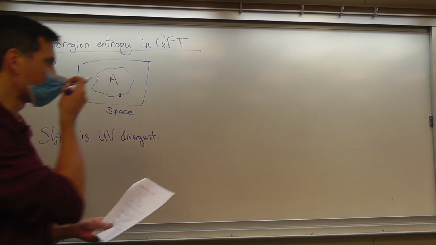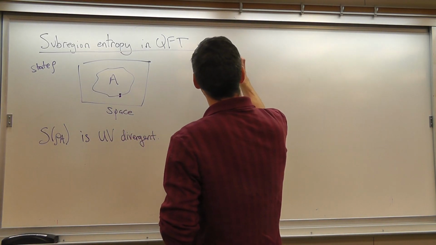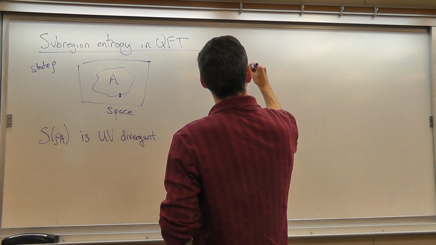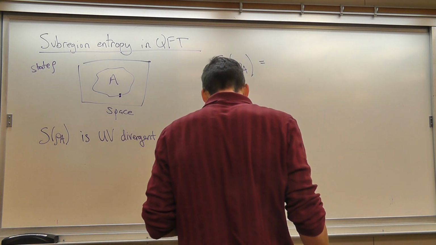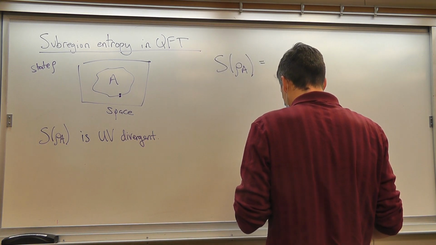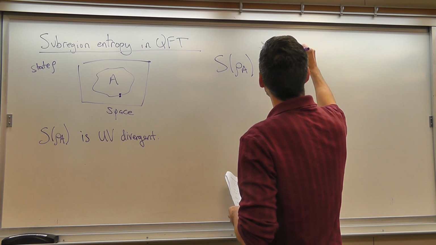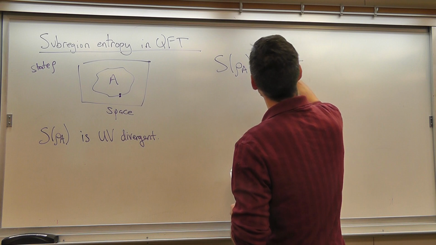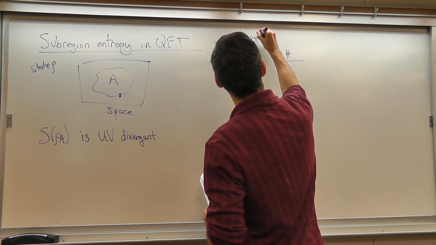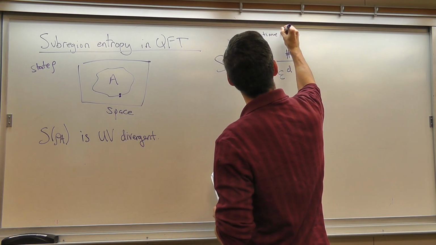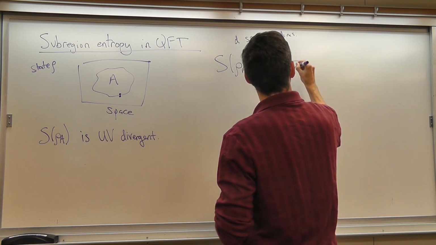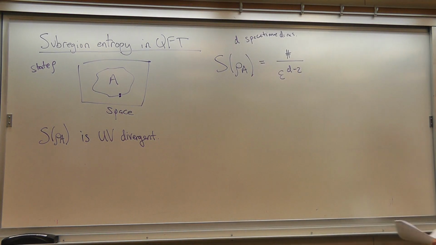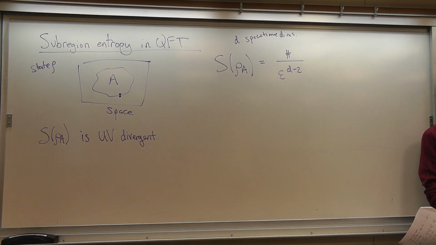So the structure of the entanglement entropy in quantum field theory generally looks something like this. It's something over epsilon, so this is d space-time dimensions. So the leading term is an area law divergence. Epsilon here is the UV cutoff. So you should think of taking epsilon to 0.